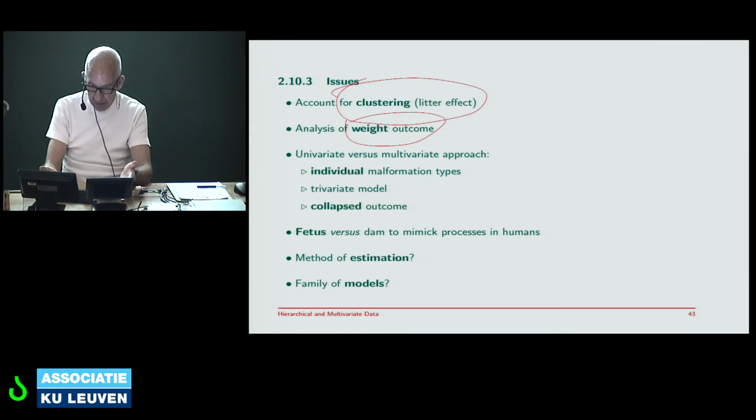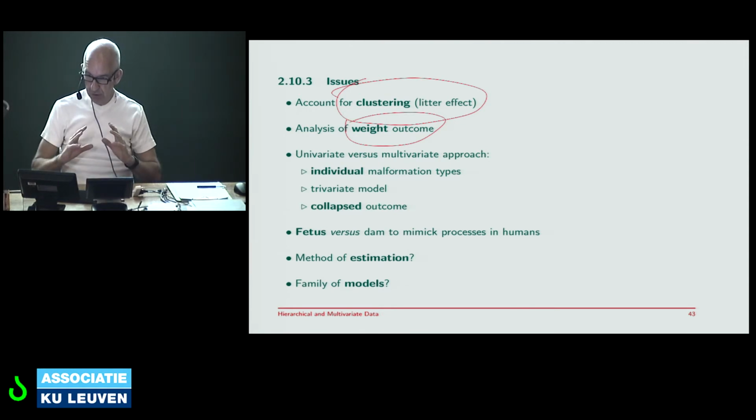The weight is continuous, not binary, but the other ones are binary. And then about the binary indicators, what is of interest now? Each one of them separately, skeletal, visceral, external. Or should we build a model for the 3 together, a trivariate model, trivariate clustered? Hey, but that's multivariate again, true?